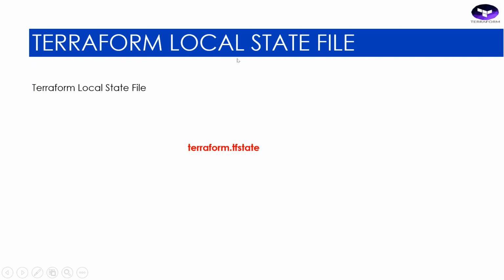Terraform local state file means that once you perform terraform apply and destroy, especially apply, you'll get a terraform.tfstate file created, or you can customize it by passing a parameter.